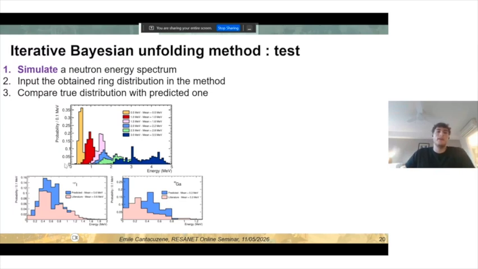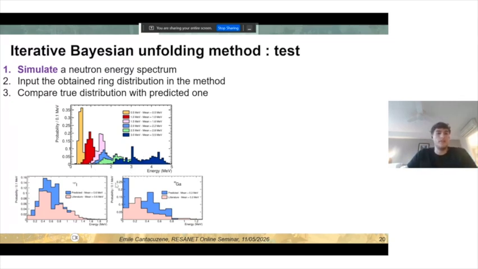This is what we obtained with monoenergetic distributions. Initially all of these colors were monoenergetic distributions, and you can clearly see that as you go higher and higher in energy, the method loses accuracy very much. Up until around 1.5 MeV, the mean energy is pretty close to the real one, and then it starts becoming less and less accurate.